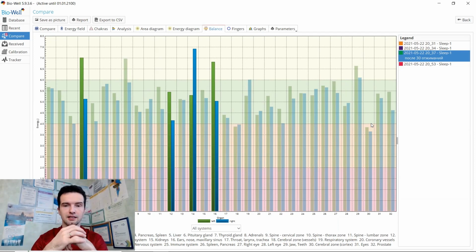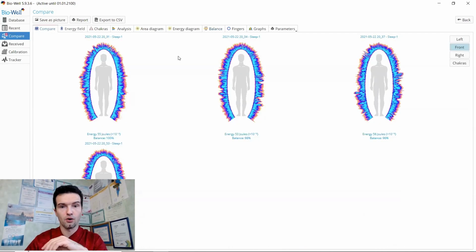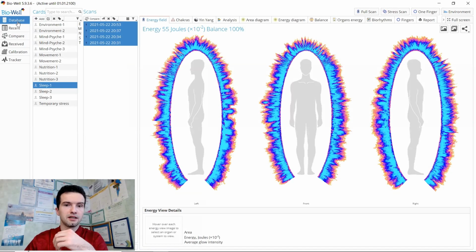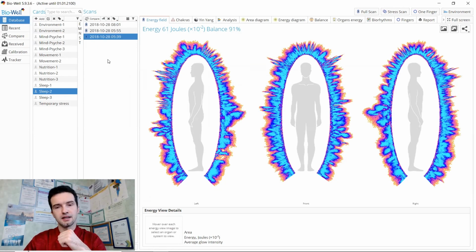And you can clearly see that the energy of the cerebral zone is diminished, even though overall this person looks very good. So in this case, we will give the recommendations to this person based on his regime of the day, the sleeping regime. And that will be the most important sphere on which he should concentrate.